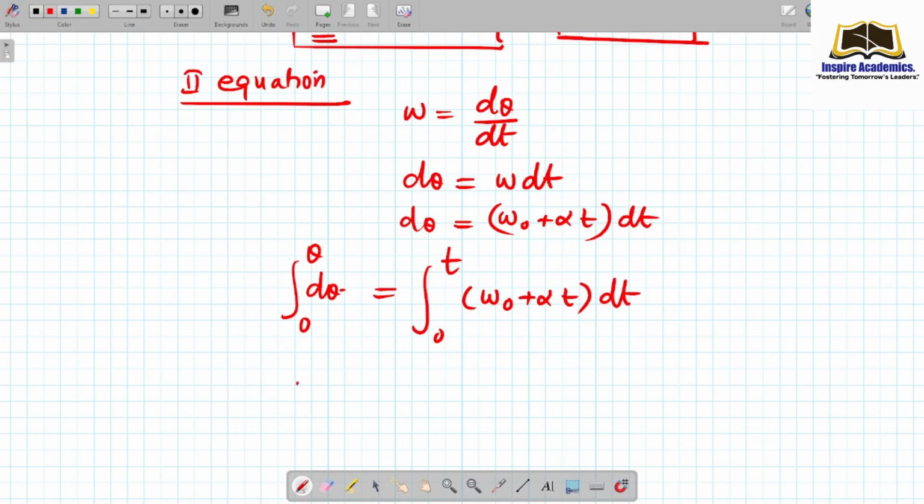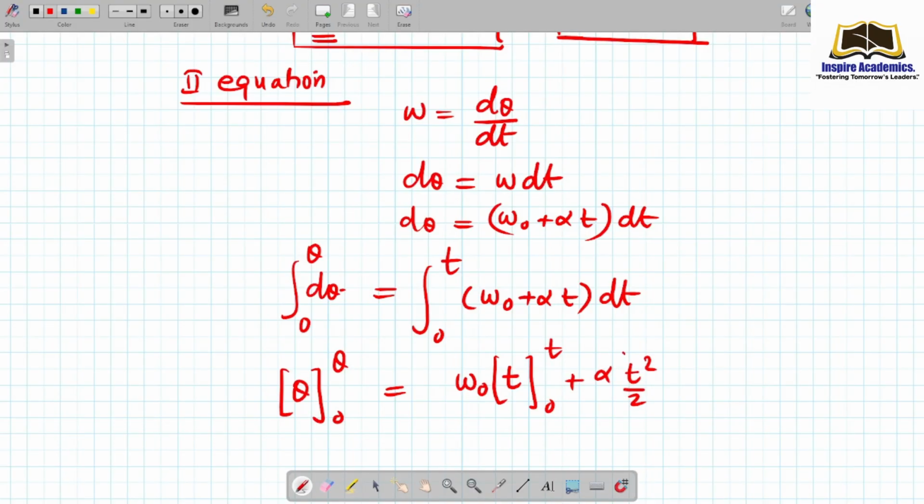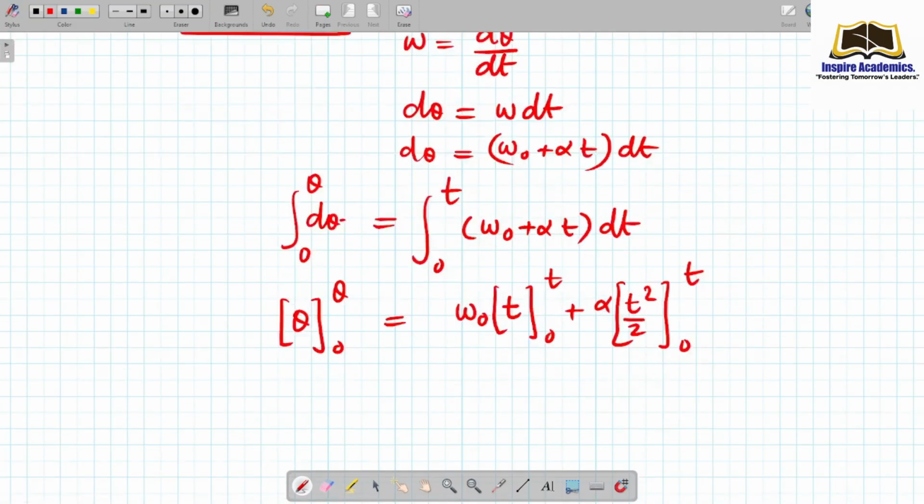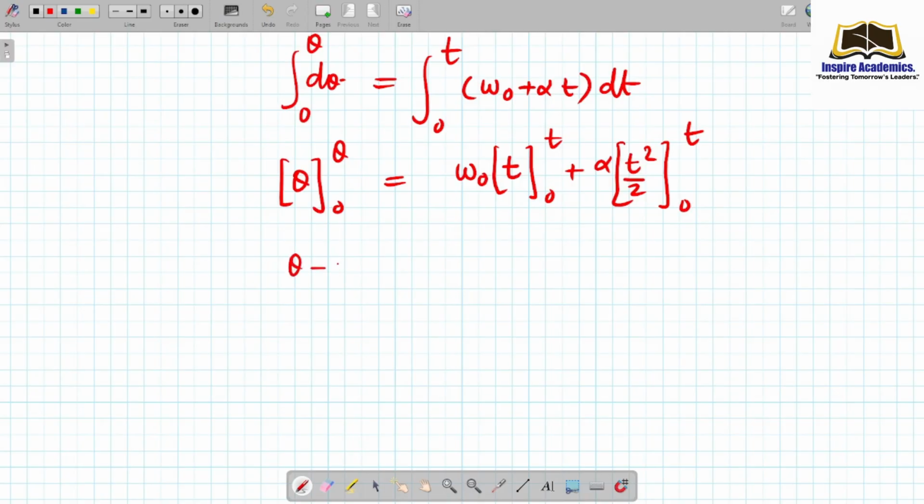So what shall we actually get? Theta limit 0 to theta would be omega naught t, limit 0 to t, and then you will get plus alpha t square upon 2, limit 0 to t. t dt का इंटीग्रेशन t स्क्वायर बाई 2 होता है, आपको ऑलरेडी मैंने बताया था अर्लियर. तो अभी क्या निकलेगा हमारा? थीटा माइनस 0 वुड बी ओमेगा नॉट टी प्लस हाफ अल्फा टी स्क्वायर.